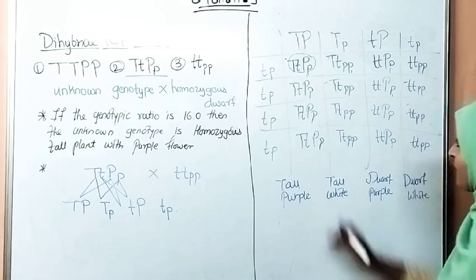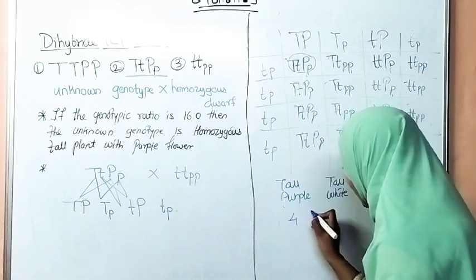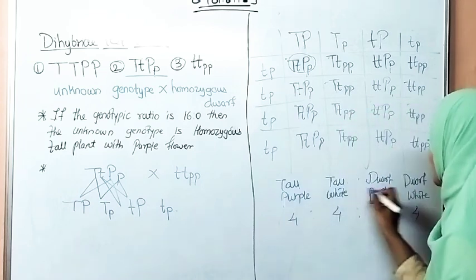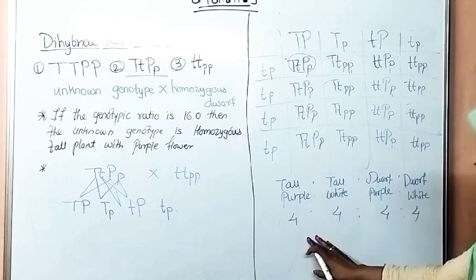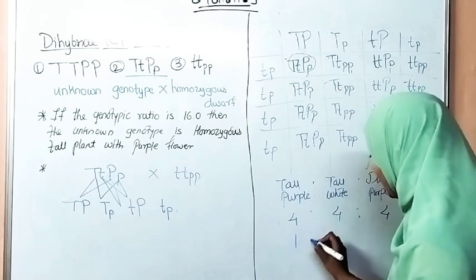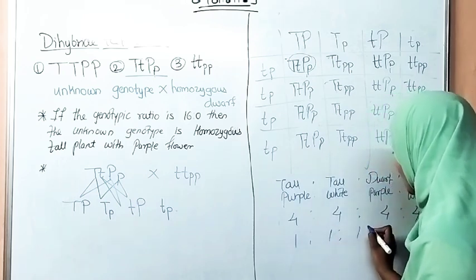Now we get 4 to 4 to 4 to 4, a total of 16 offspring with 4 different characters. If we simplify it, it becomes 1 to 1 to 1 to 1.